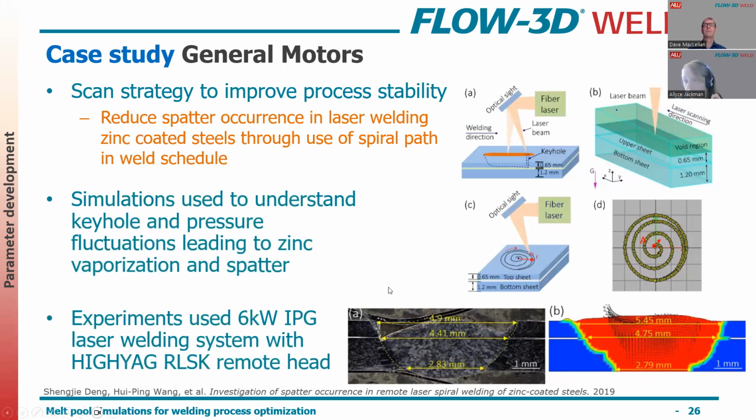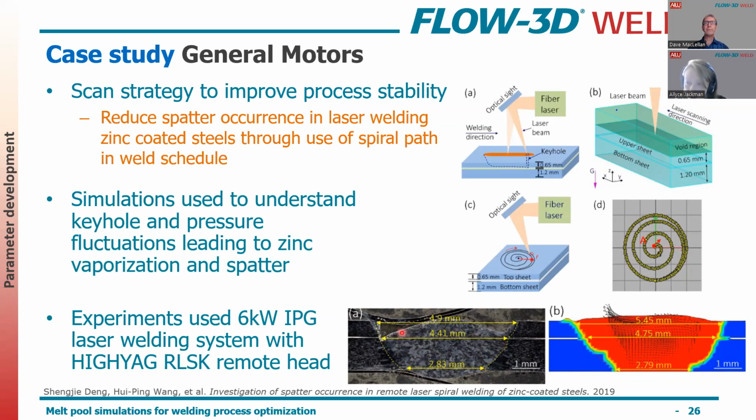So what they did in this study, they didn't actually model that faying interface. We didn't have two material capabilities at that time, but they did still use the simulation to look at local pressure and temperature, and then use that to predict where the vaporization of the zinc would occur. So they were trying to reduce the local pressure within the melt pool so that they could control that kind of spatter.